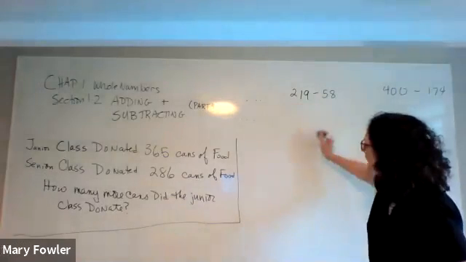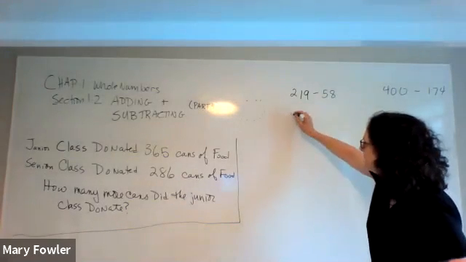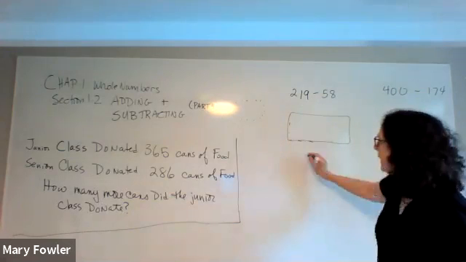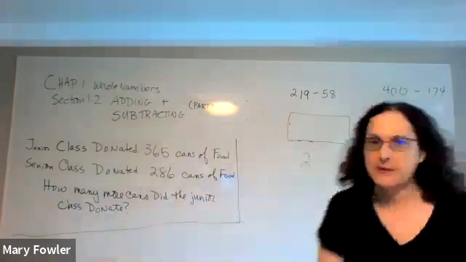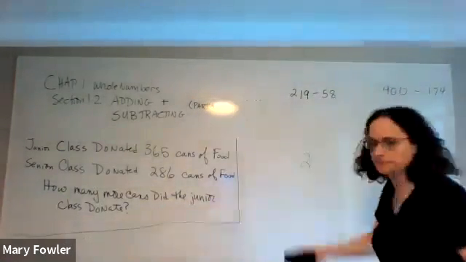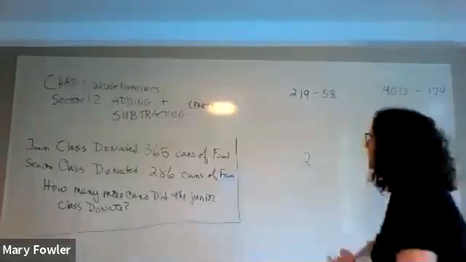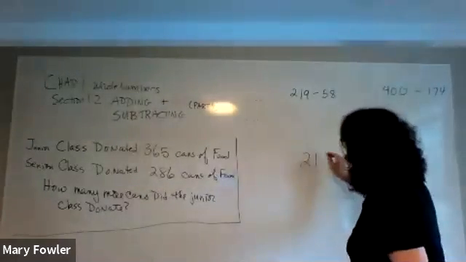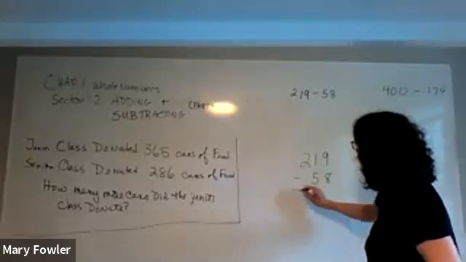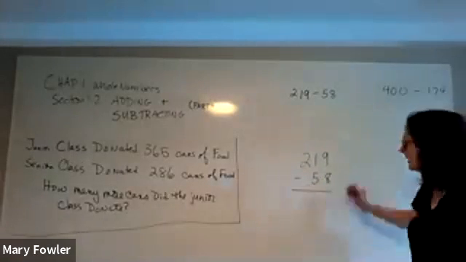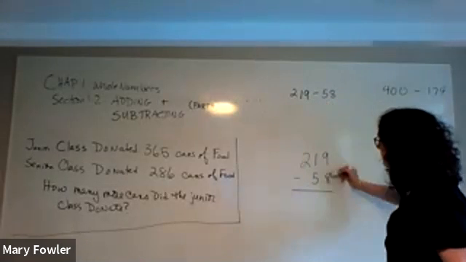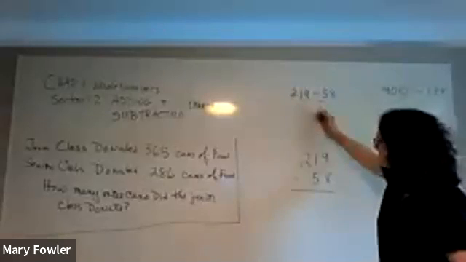I'm going to leave space for the borrowing, so it's important that I remember to do that. 219 minus 58. I've lined it up so that the ones digits are above each other, the tens digits are above each other.